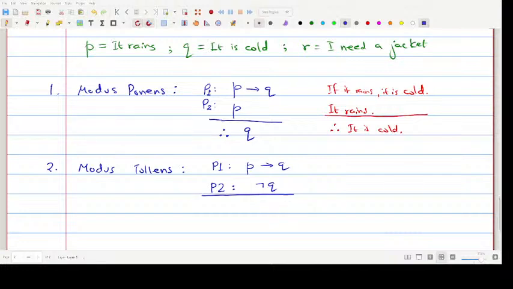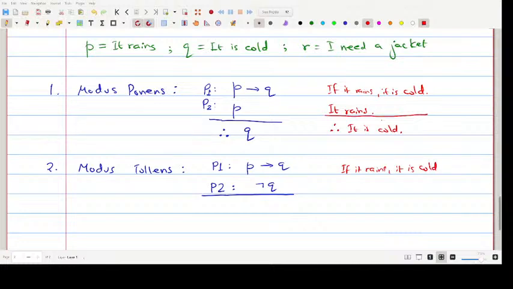The interpretation of the first is: if it rains, it is cold, right?